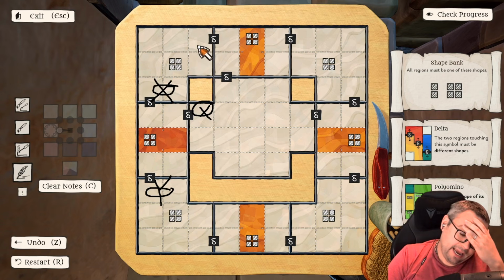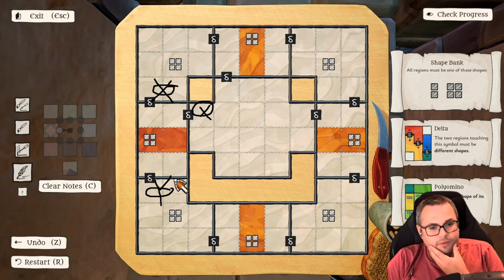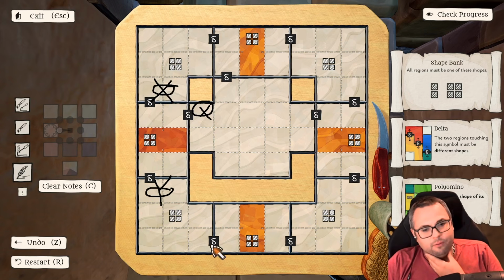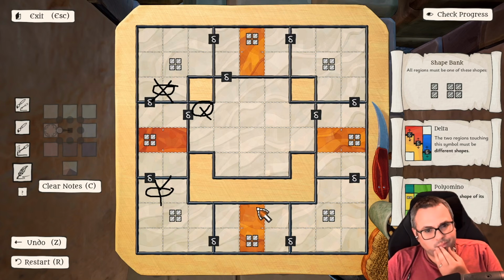The problem is I can just have two dominoes in the corner, so I don't get perfect transference. It's not like if this is a Y, that's automatically an X. Sadly, that doesn't quite work.